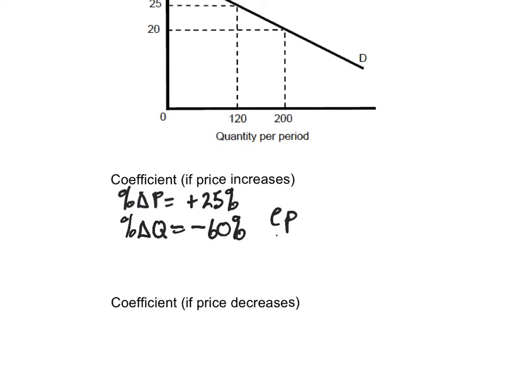So the price elasticity coefficient will be 60 over 25, and that gives us a value of 2,4.